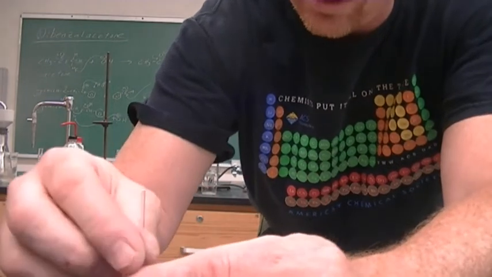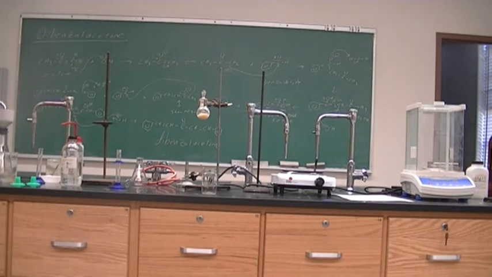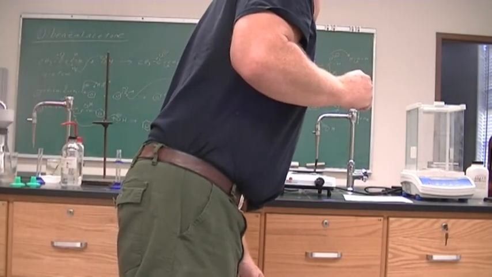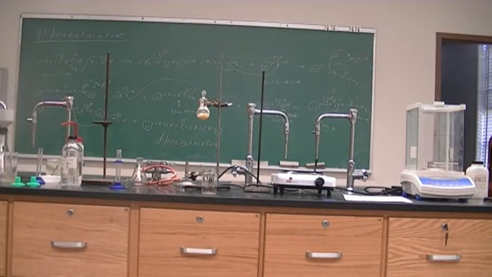Alright, so we have sufficient yellow crystals at the bottom. Alright, turn on the melt temp. Let's go to start temp. Let's go. Stop temp.